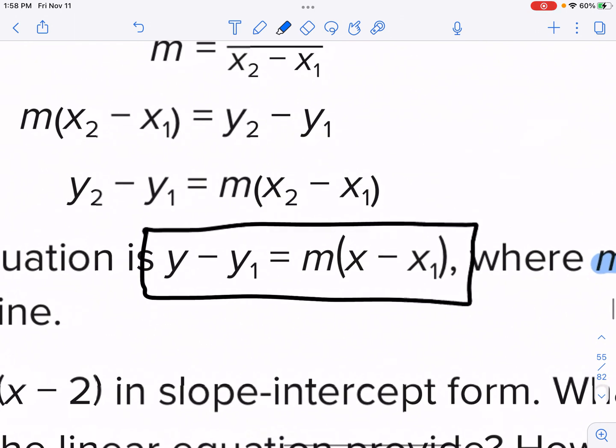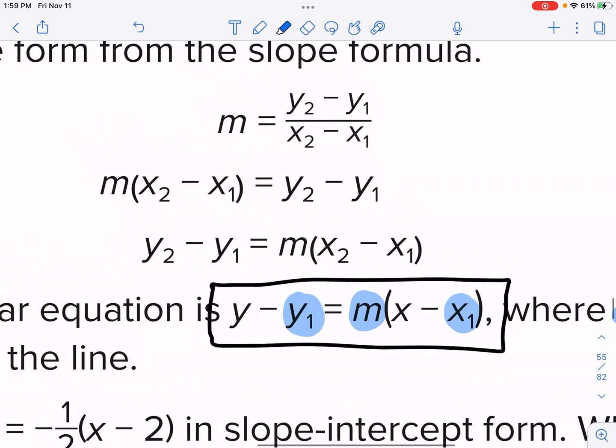You plug it into this, so it's y minus y1 equal to m times x minus x1. What I highlighted in blue are the values that we're going to plug a number in for instead of a variable. Everything that I did not highlight is just part of the structure of the equation.